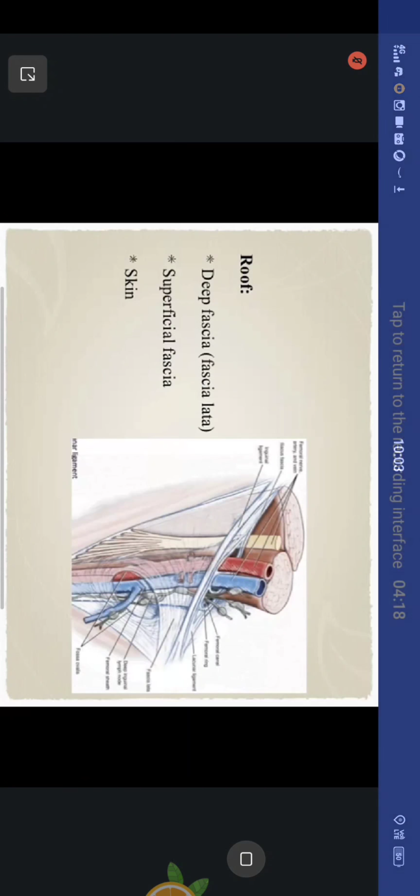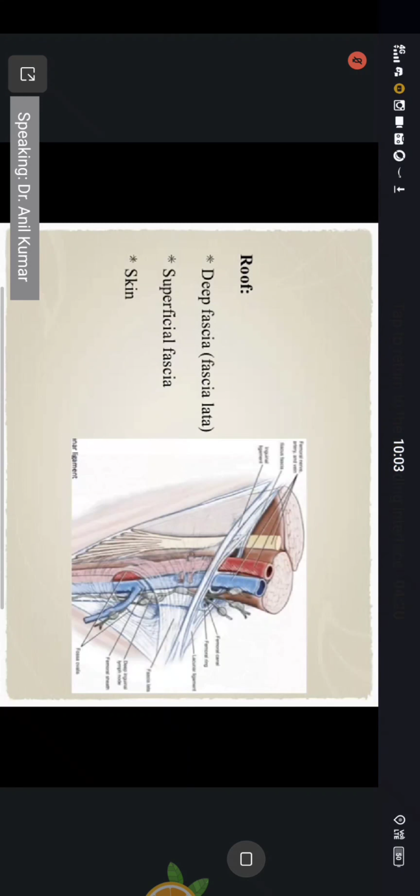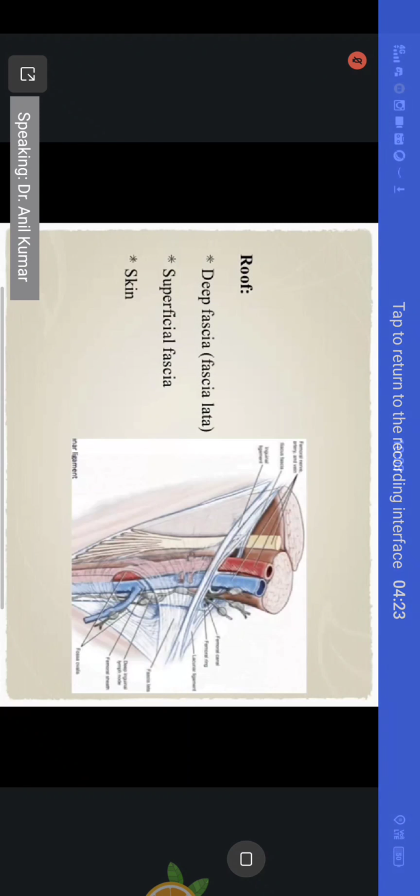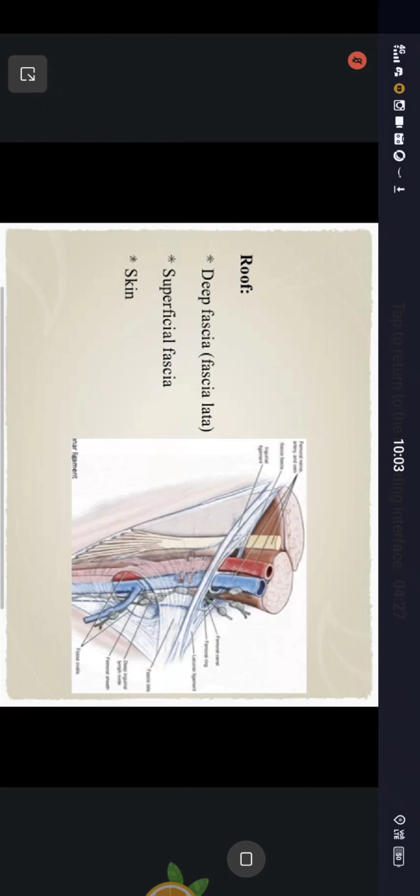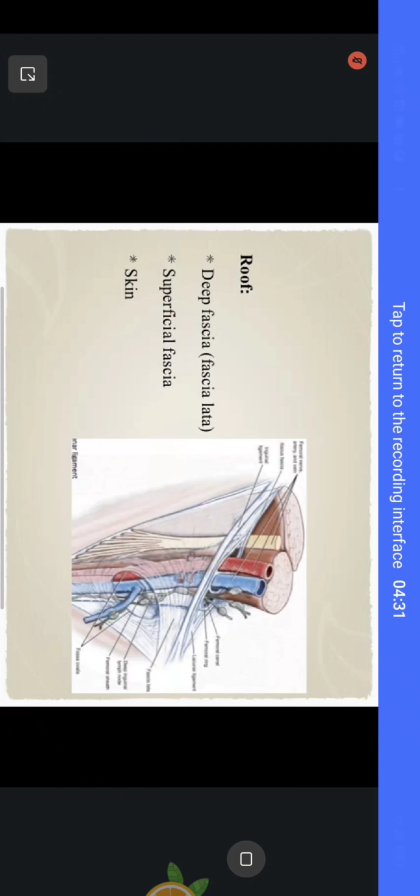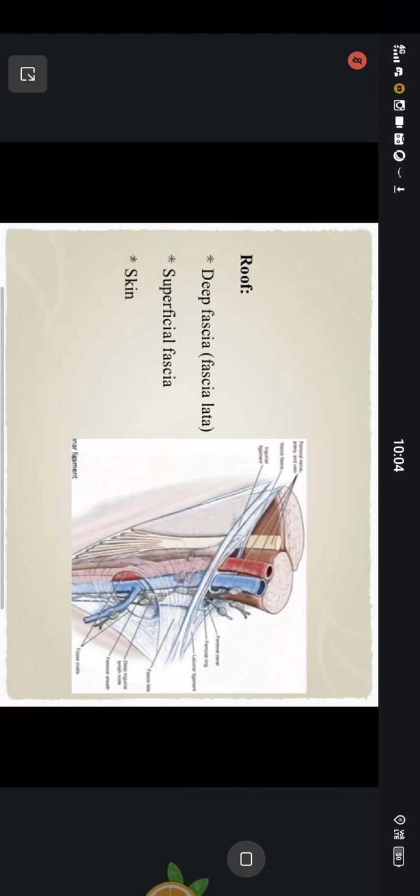Coming from outer to inner: skin, superficial fascia and deep fascia. The deep fascia in the upper thigh region is also called fascia lata.